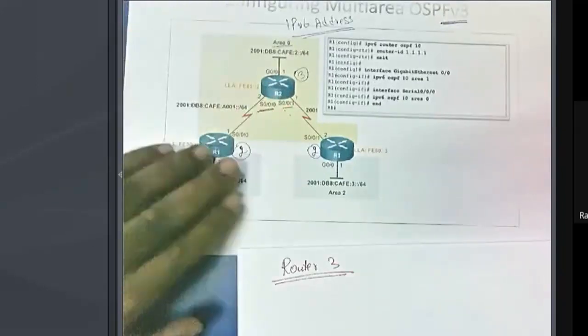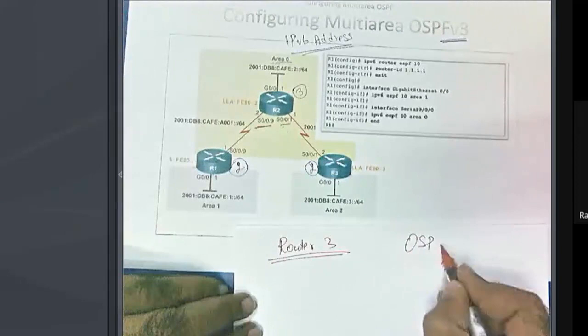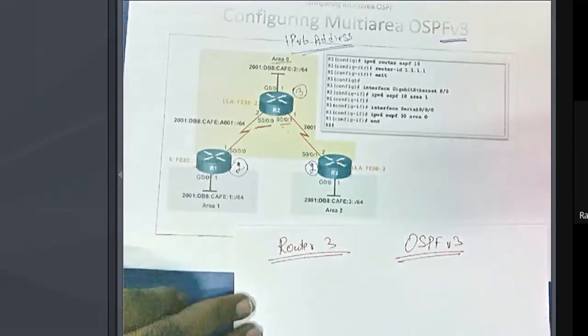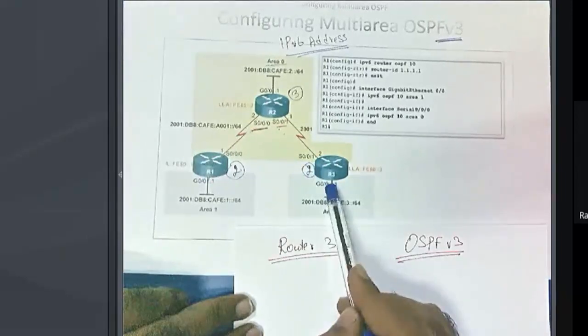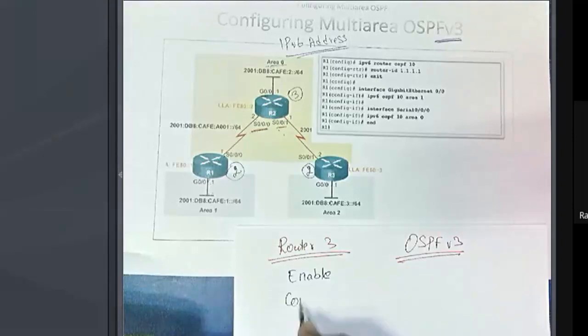Router 3. So we are going to configure OSPFv3, version 3, that means for IPv6. Here there are two directly connected networks. The first command is enable. Next one, config terminal.